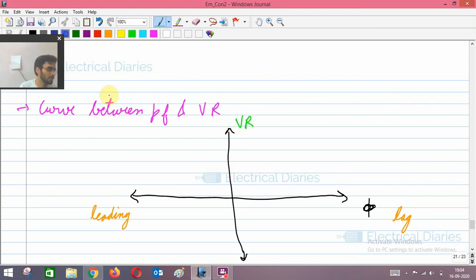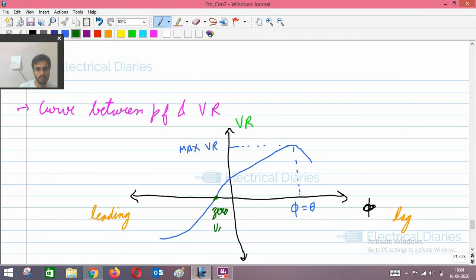So I'm drawing the curve, and your curve will move in this fashion. This is the point of the maximum voltage regulation, and this occurs at the power factor when your phi is equal to theta s. I have already told you what theta s and phi are. This other point is the point of zero voltage regulation.